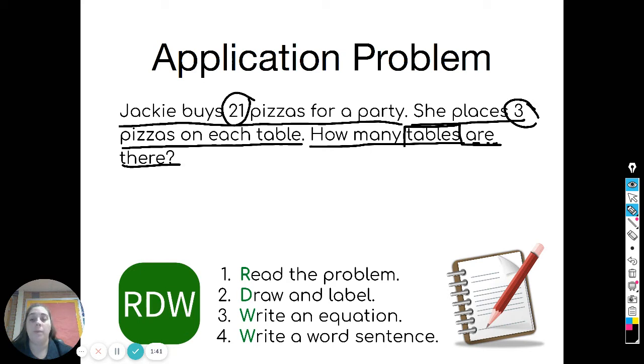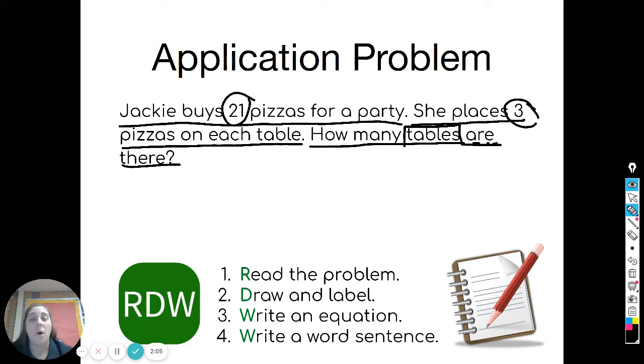So we've read the problem. Now you are going to draw. You can draw an array, you can draw a tape diagram, whatever helps you solve this problem. Write an equation that represents your picture, and then write a word sentence for your answer. So you would be saying, we need blank tables, okay? Or something like that.